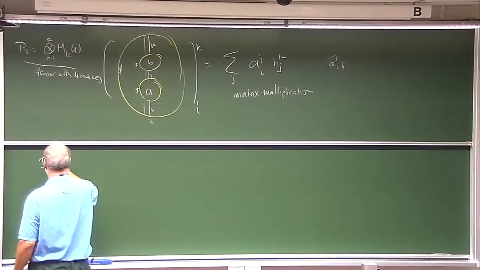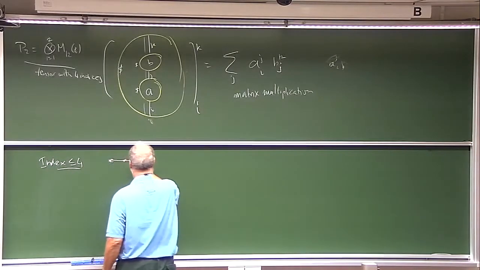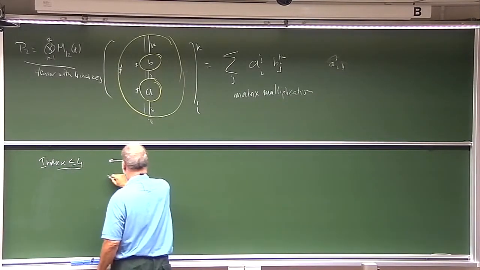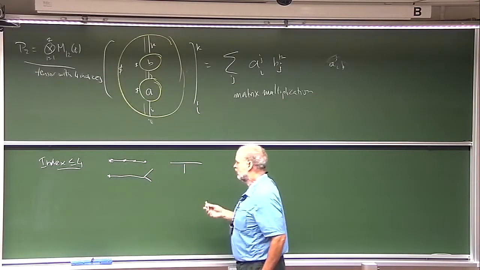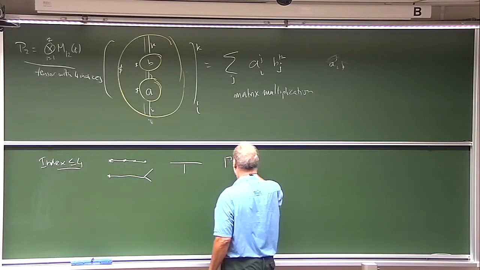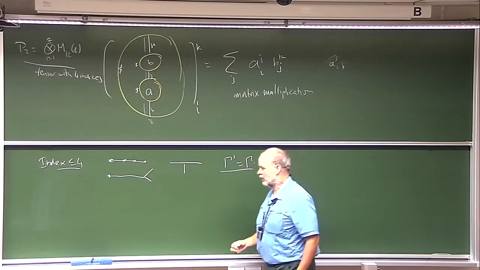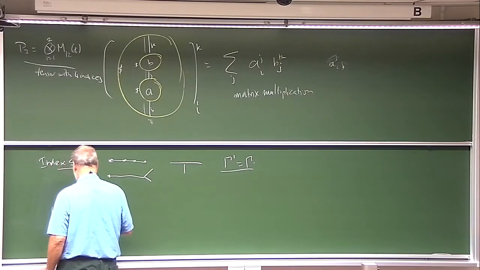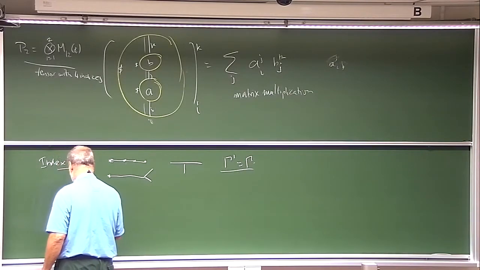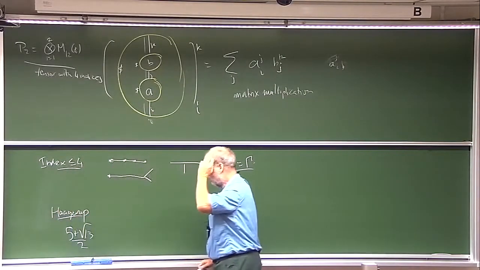In fact, in case the index is less than or equal to 4, remember we ran through all of the possible principal graphs there. They were these Dynkin diagrams, A, D, E, and so on. There, it's always gamma prime equals gamma. However, the Haagerup subfactor, which I talked about, this great discovery of index (5 plus root 13) over 2, the smallest one bigger than 4.